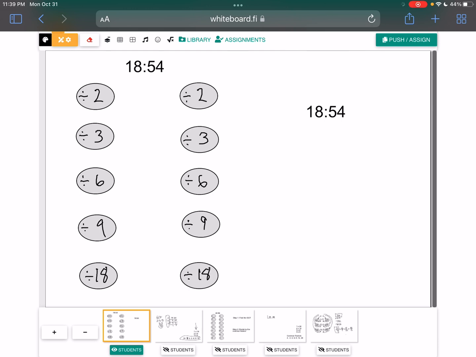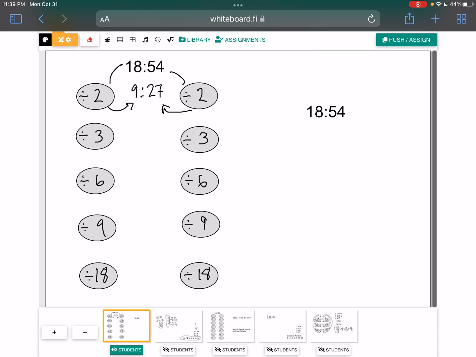And what we're going to do, just like we did in multiplication, is divide each term of the ratio by the same factor in order to get differently named ratios that are equivalent. So in this case, 18 divided by 2 is 9, and 54 divided by 2 is 27.